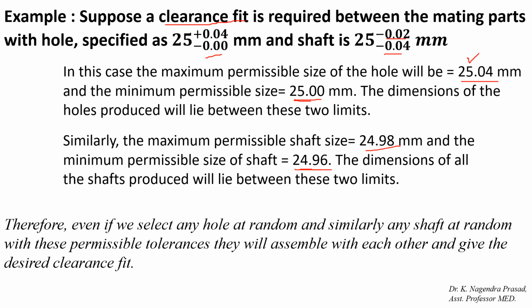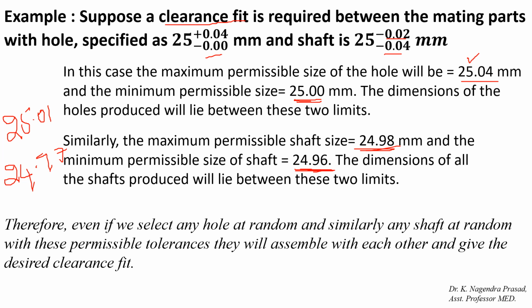For example, randomly I select a hole, let's consider 25.01, because all the holes are varying within 25 to 25.04. Similarly, randomly I select a shaft, let's consider its size is 24.97, because all the shaft sizes are between 24.98 and 24.96.